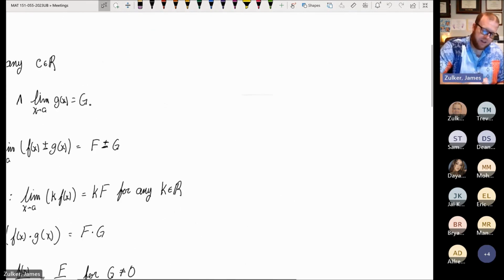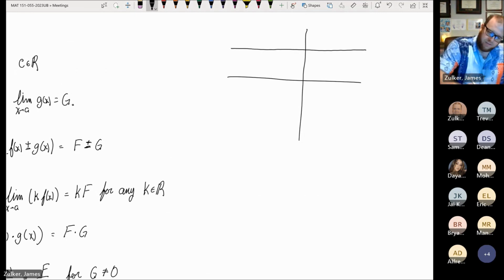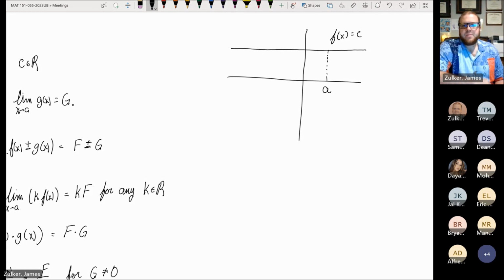And again, if we look at it, the graph kind of makes sense, right? A constant function is just a straight horizontal line, right? Well, that means that your function value is always equal to c. So as we approach a from either side, we still get c.